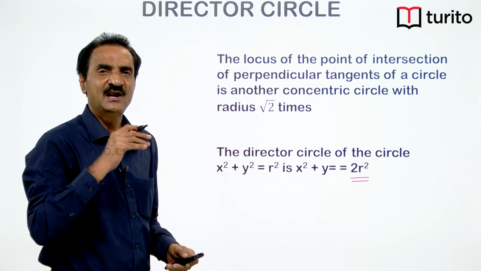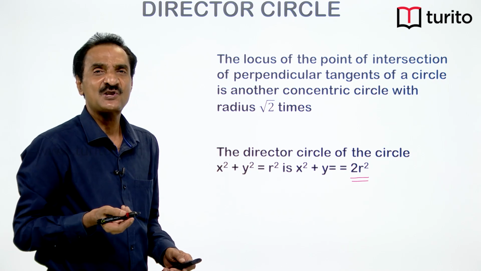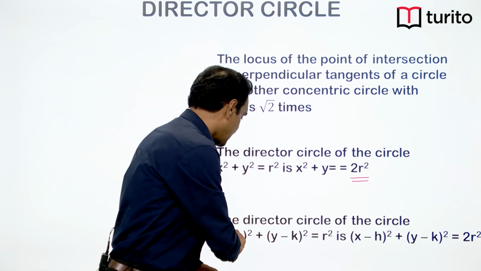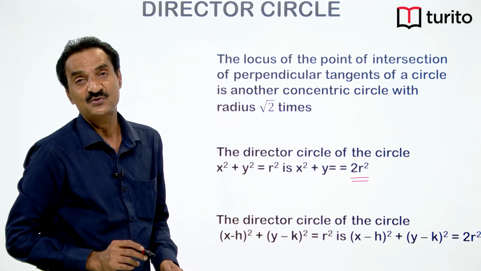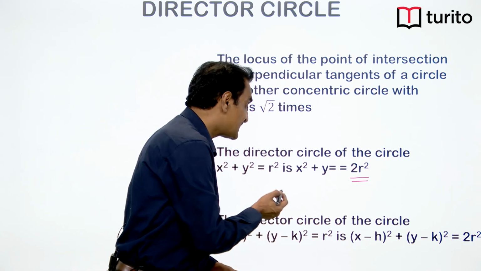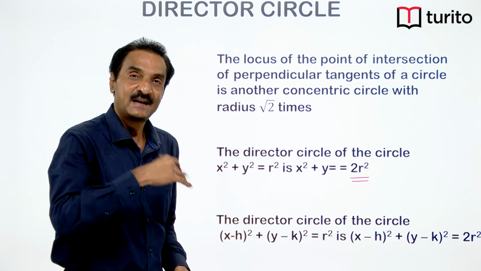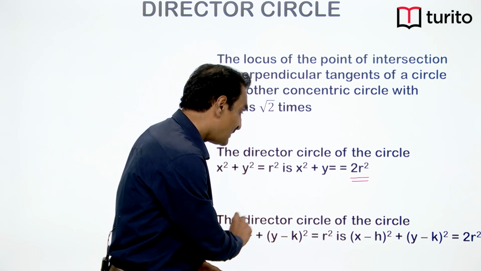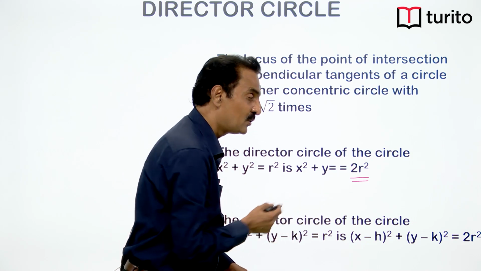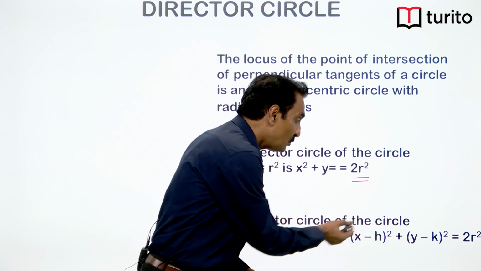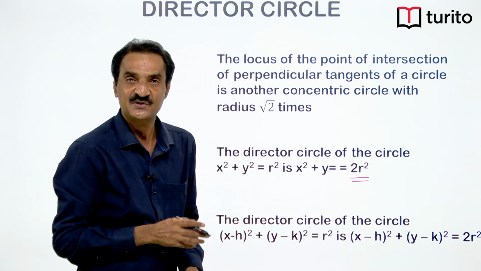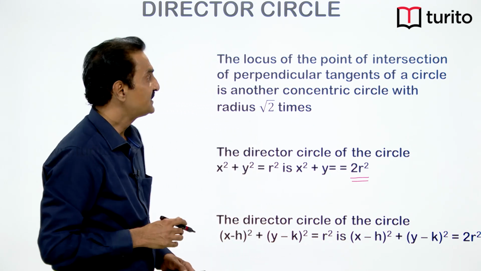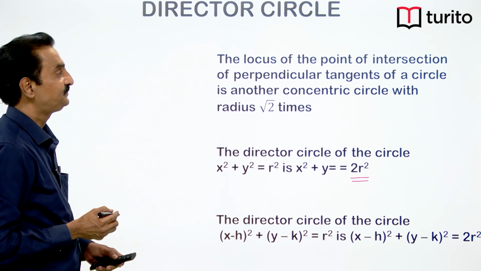Similarly, if you take a general circle with center h comma k and radius r, the equation of the circle is x minus h whole square plus y minus k whole square is equal to r square. Then the equation of the director circle will be x minus h whole square plus y minus k whole square is equal to root 2 r whole square, that is 2 r square. Same center, but radius is root 2 r. Okay, this is about the director circle.